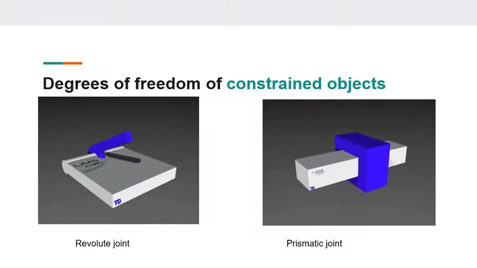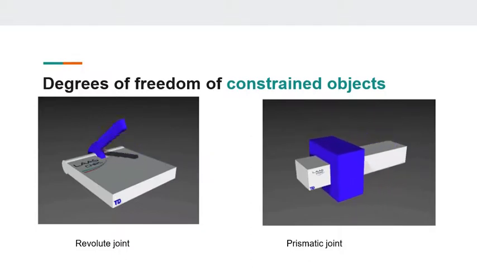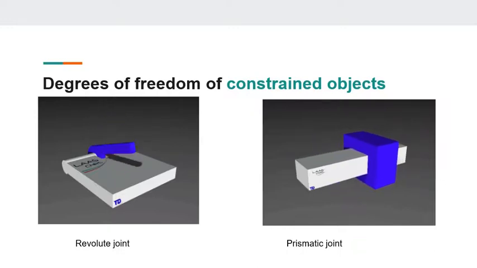Suppose one of the links connected by this joint is fixed, then the degrees of freedom of the other link will be reduced to just 1. Let us see why it is so.